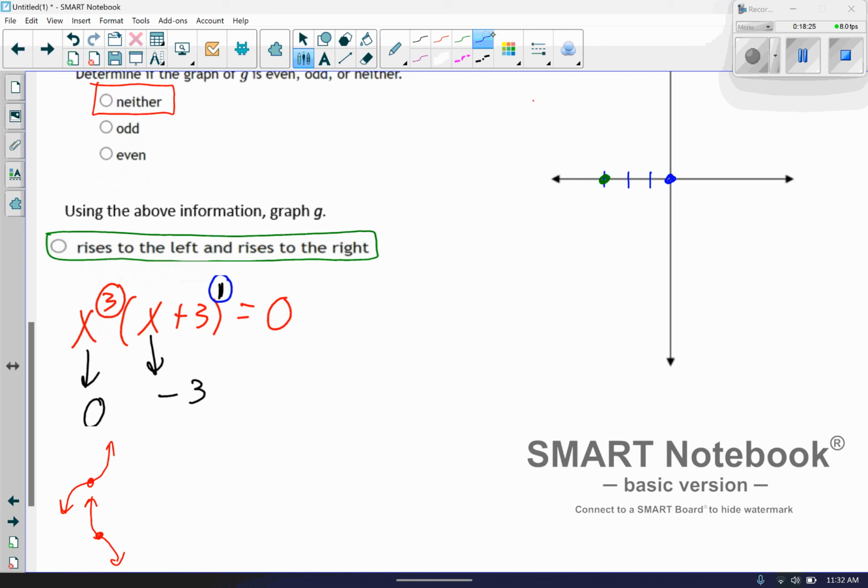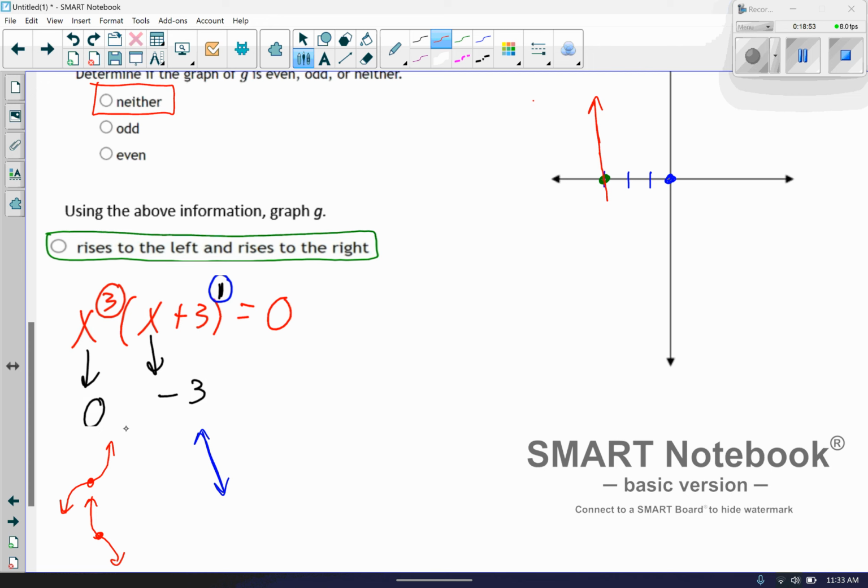So at -3, I have the multiplicity of 1, so that's going to be more of a straight line. And so I'm rising to the left, so let me do a different color. Let's do red. This is just going to come through here and cut through, and it's going to come down and somehow come back up and then go through right here at 0.